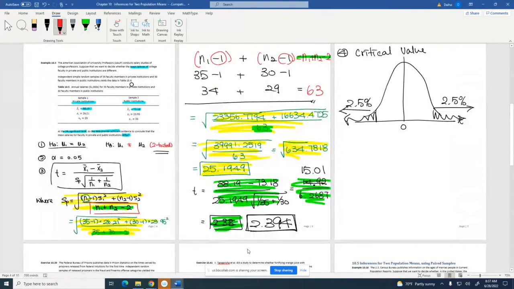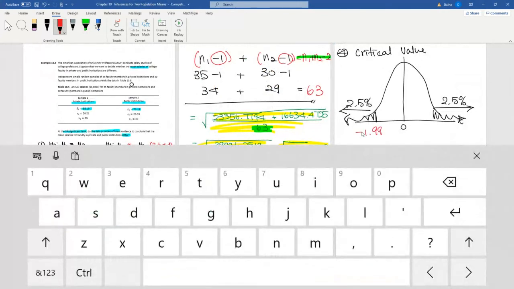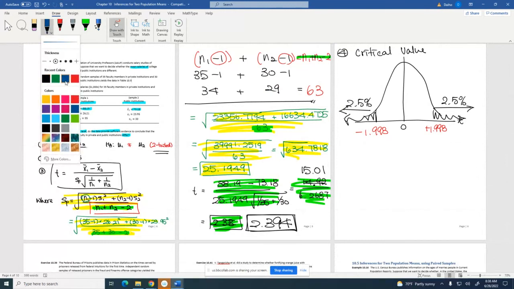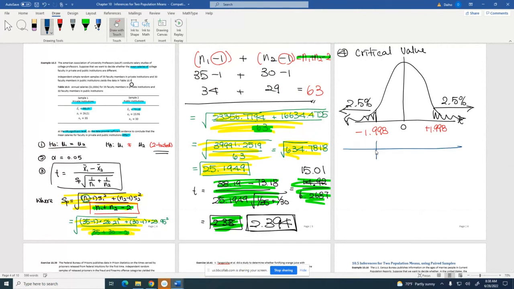Here is the negative 1.998, and there is a positive 1.998, because we had two tails. So we can make three partitions: less than negative 1.998, greater than positive 1.998, and between plus and minus 1.998.